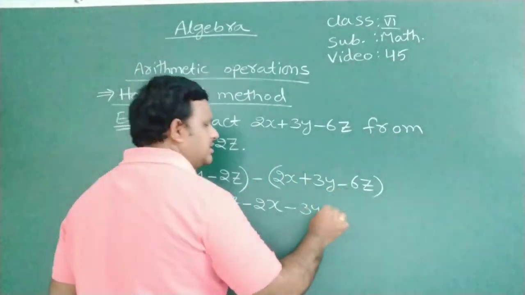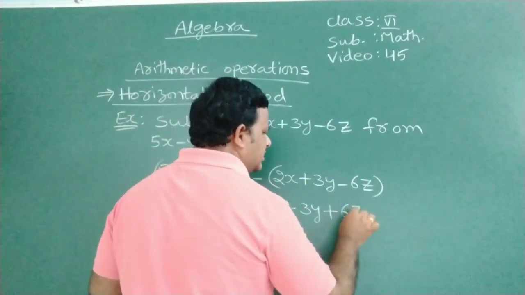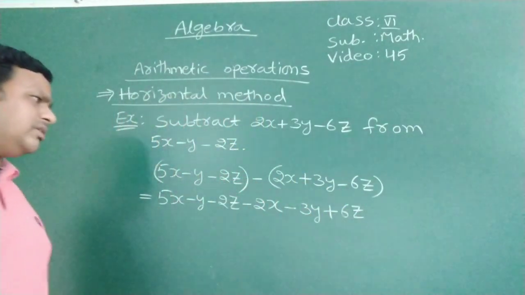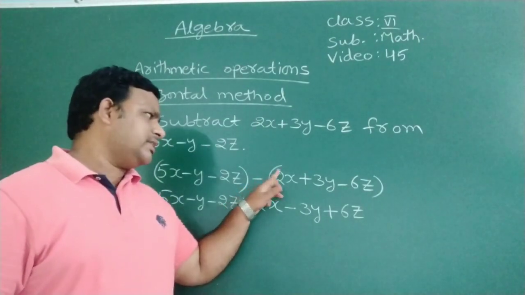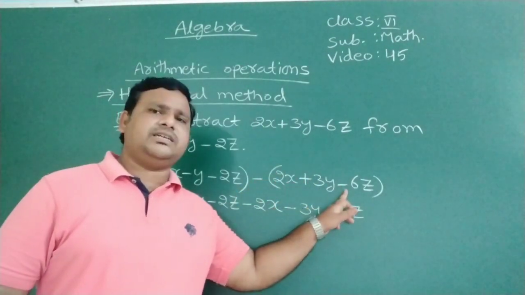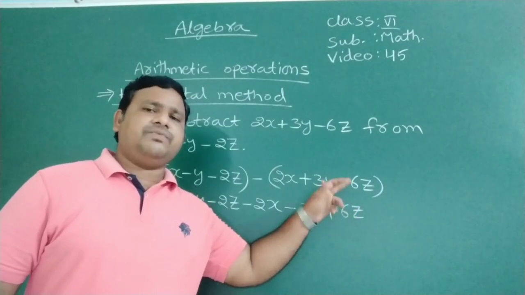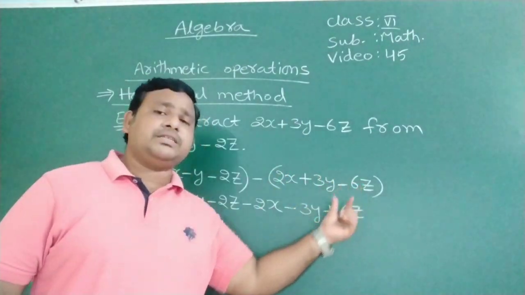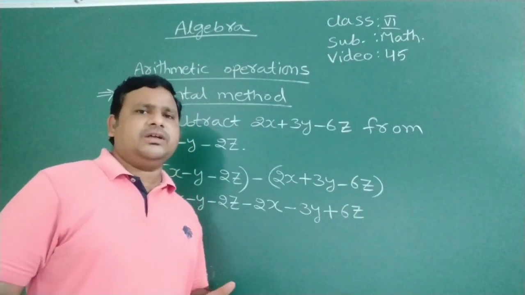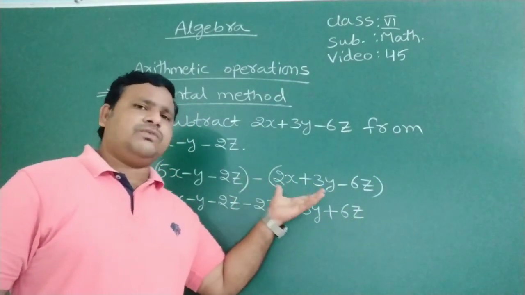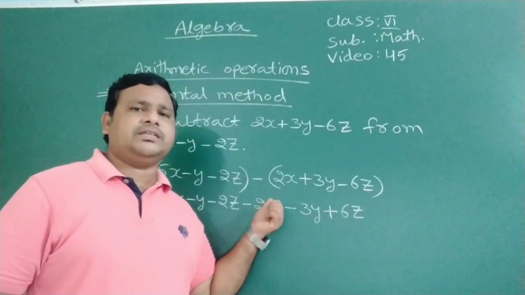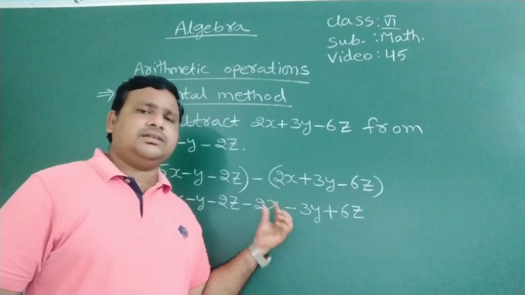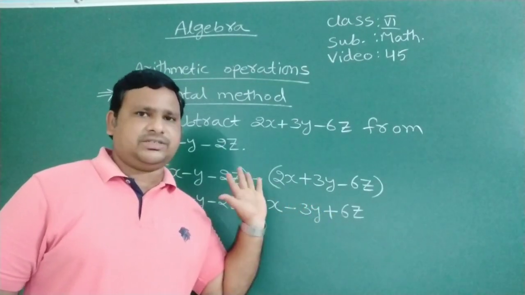Minus into minus is plus 6z. Actually, plus 2x plus 3y minus 6z is inside the bracket. If we remove the bracket, minus 2x minus 3y plus 6z it has become. That's why, in front of a bracket, if we have a minus symbol, then the signs of the terms will change.